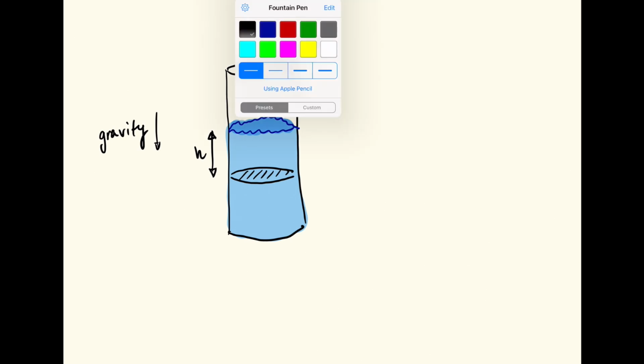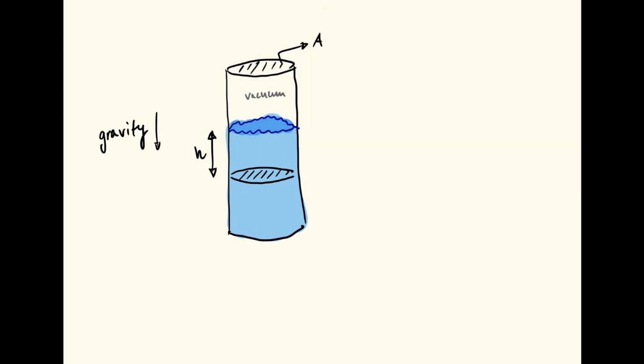we'll consider two forces, namely force acting down from the overburden of the water, and then a response force that acts upward. So the downward force, Fd, is just the mass of the liquid above that height times acceleration due to gravity, g. So Fd is density of the liquid times the height h times the cross-sectional area A times g.